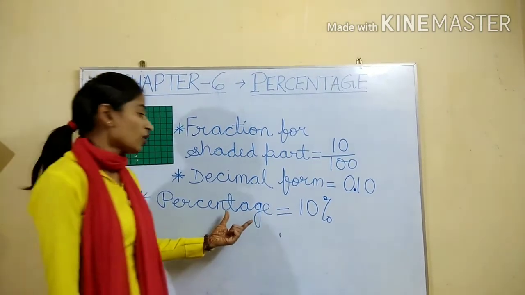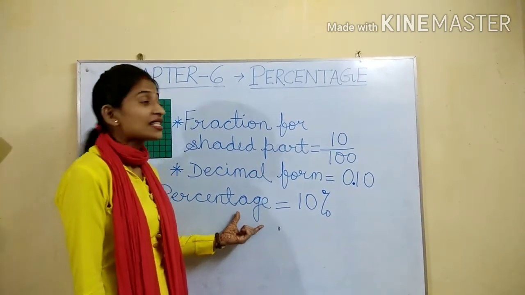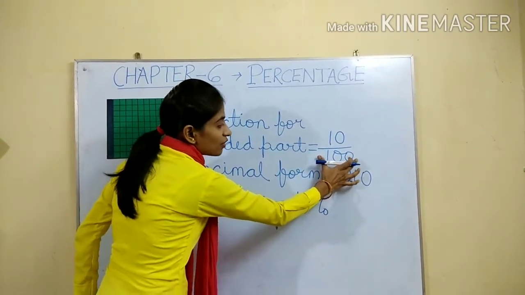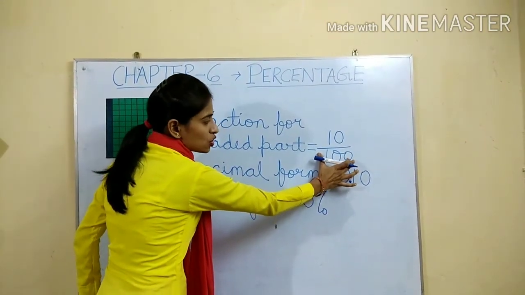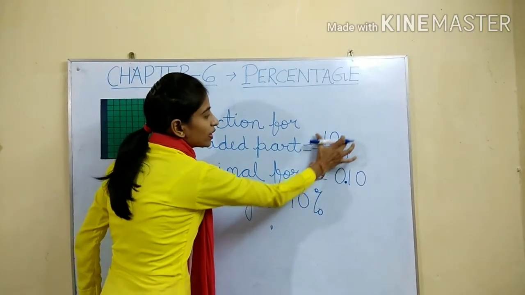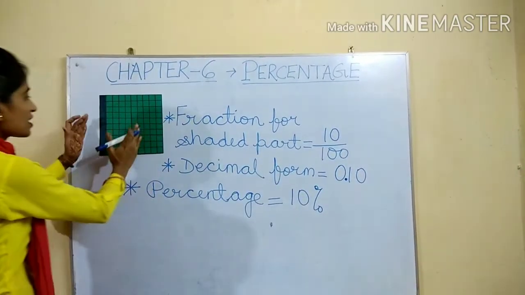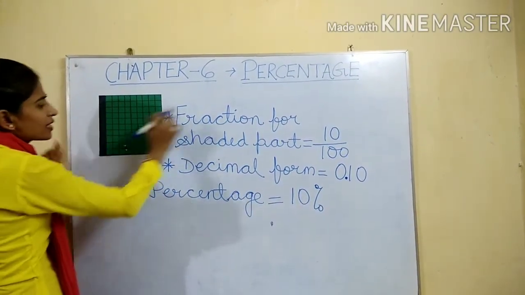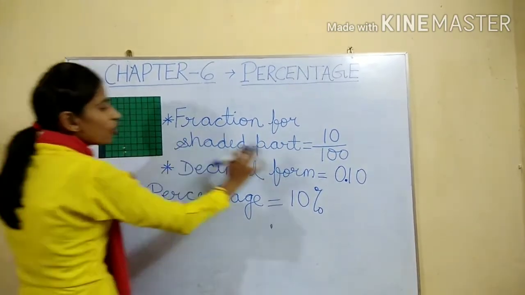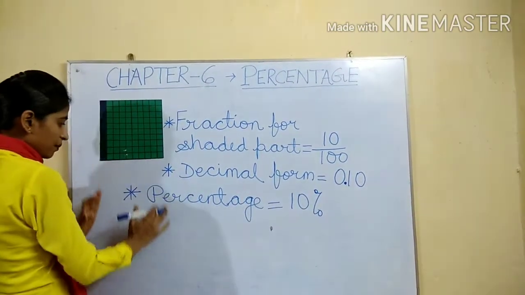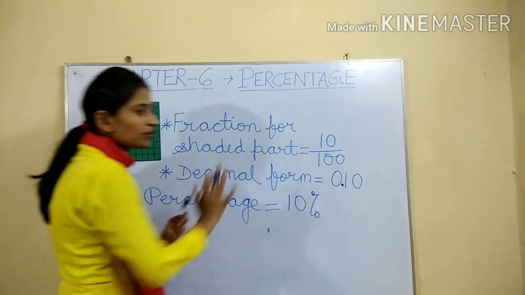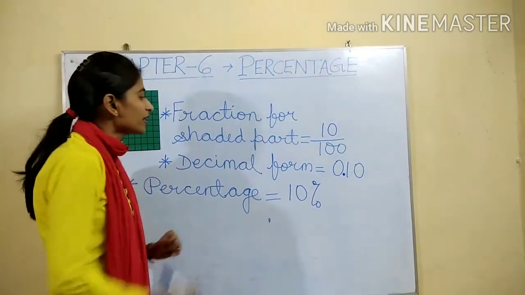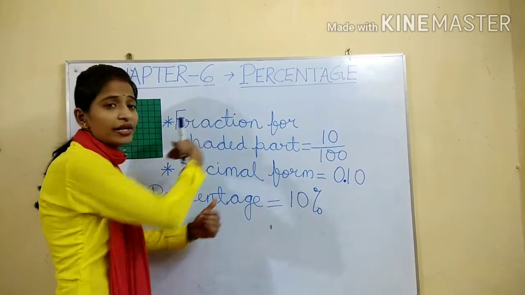Because I have already explained that percentage is a way of expressing a number as a fraction with denominator 100. So here denominator is 100. So 10 will be the percentage for the shaded part. So we can say fraction 10 by 100, decimal form 0.10 and percentage form 10%. So I hope you understand through this activity the relation between these three terms.